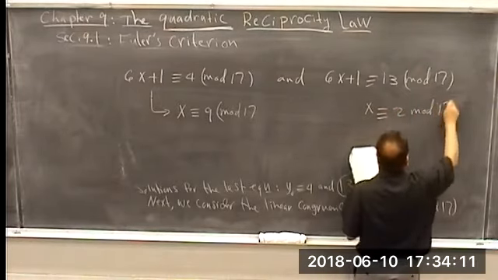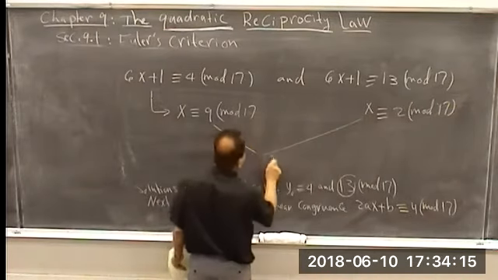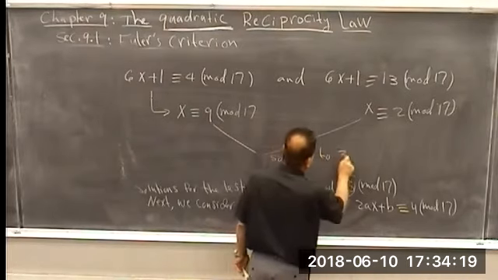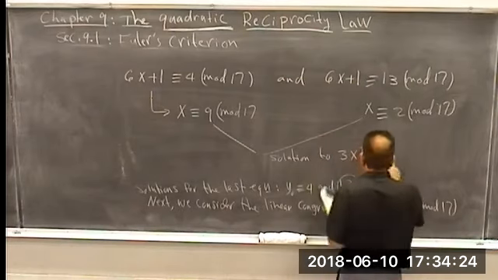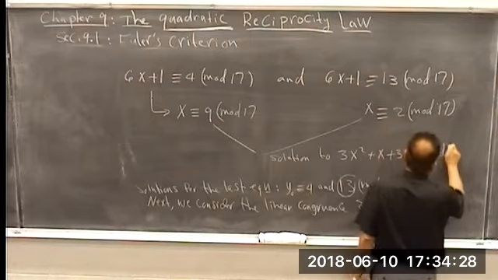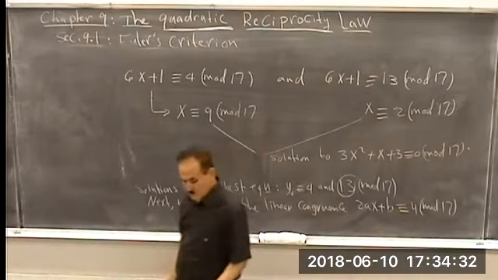These are solutions for the original equation, 3x squared plus x plus 3 congruent to 0 mod 17. And we have done it: we found the exact two solutions.